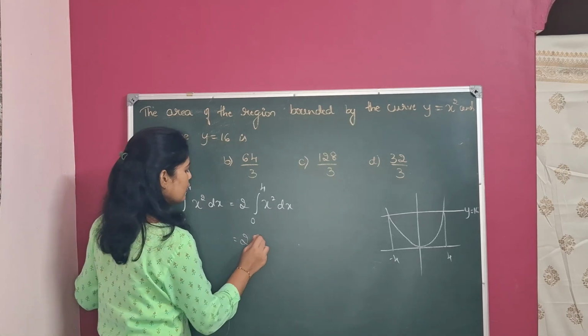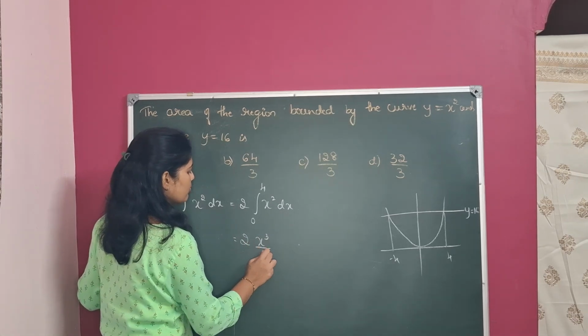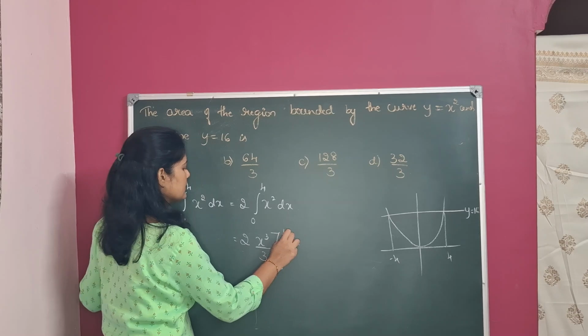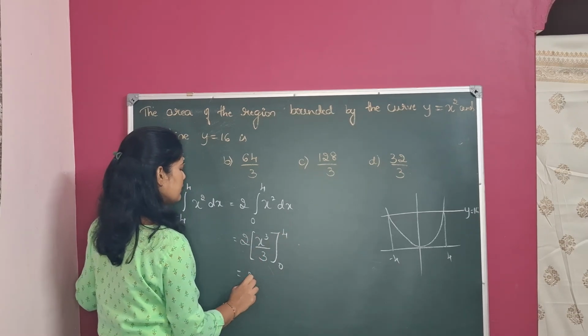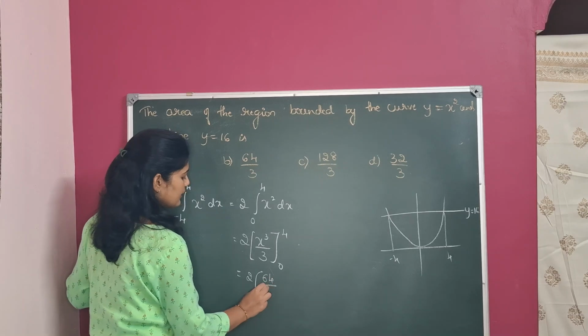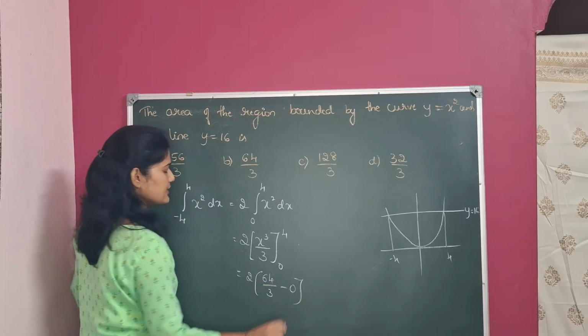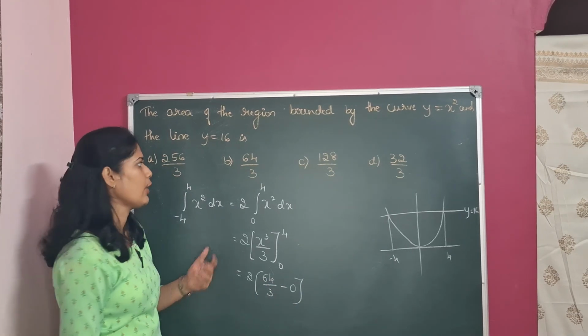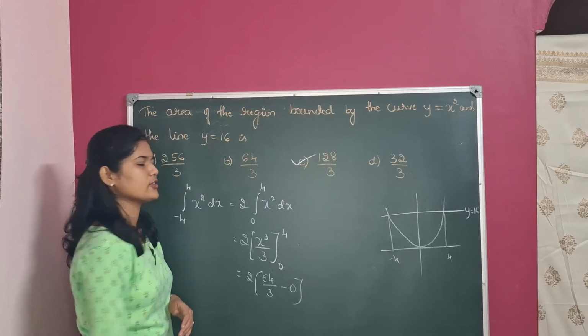We know the integral of x square is x cube by 3 from 0 to 4. If we substitute the value, 2 into 4 cube means 64 divided by 3 minus 0. Therefore the answer is 128 by 3, that is option C.